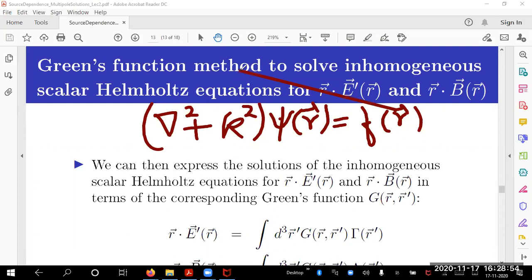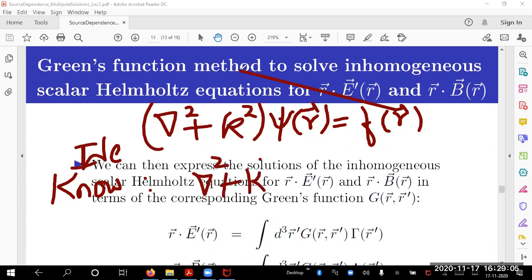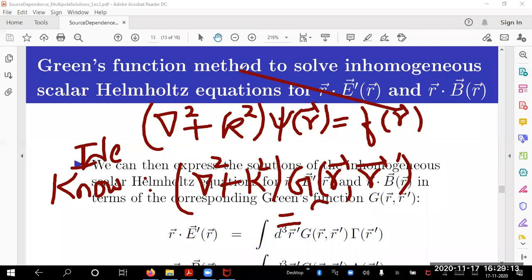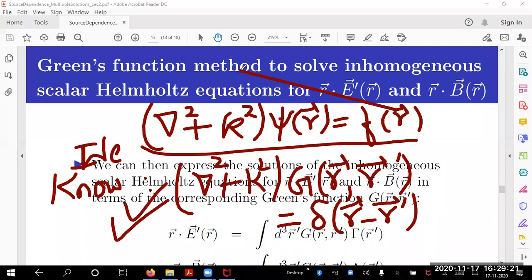Then I already know that del squared plus k squared is a differential operator in general, but there is something called a Green's function, g of r prime. This I know is given by delta of r minus r prime. This is given to me. We know it. Then can I solve this equation?